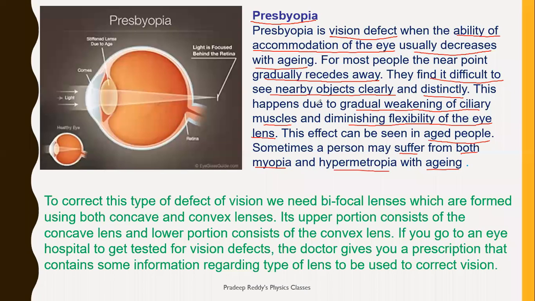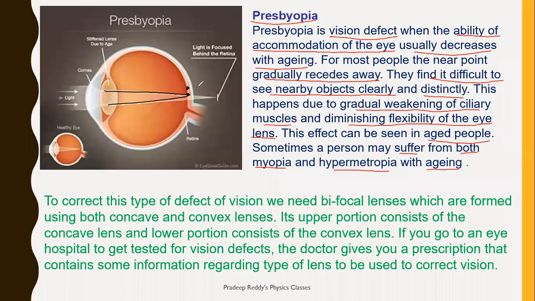Now, of course, the sentence itself makes it clear. What actually happens is, in case of a normal eye, the image should be focused on the retina, somewhere here. In order to focus the image on the retina, the ciliary muscles definitely play a major role. Those ciliary muscles adjust the focal length of the lens, and correspondingly you get the image on the retina.